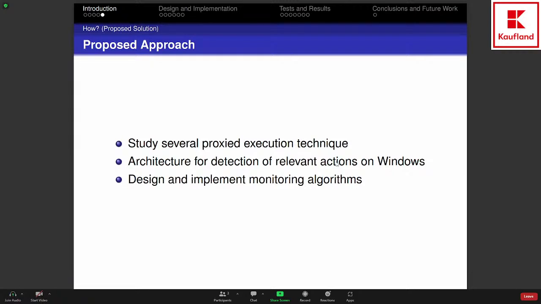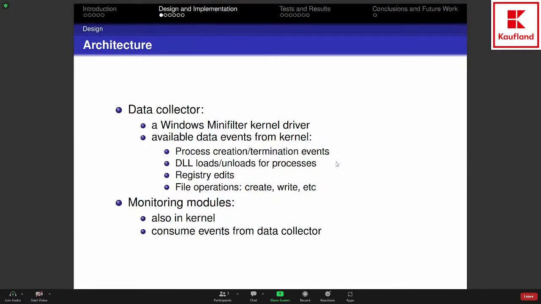Yes, so how we did it: we studied several such patterns. We proposed the architecture for the solution, and then we implemented it. The architecture is pretty simple. The Windows operating system offers many ways to get data about running processes, file operations, and registry operations.